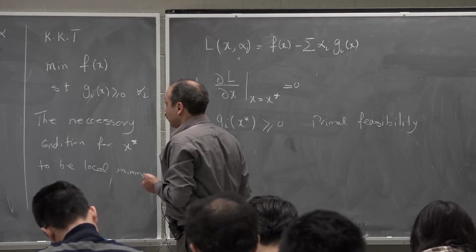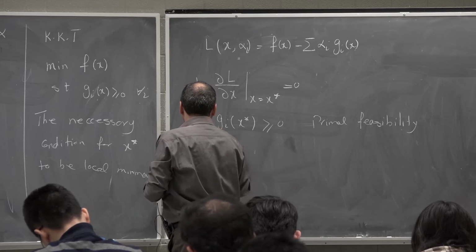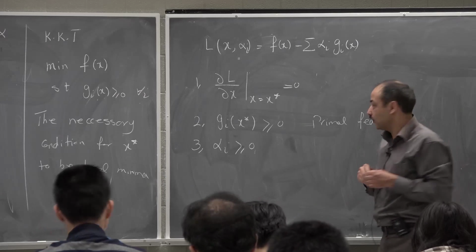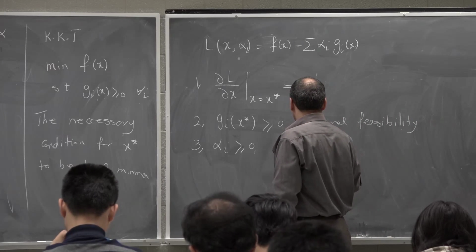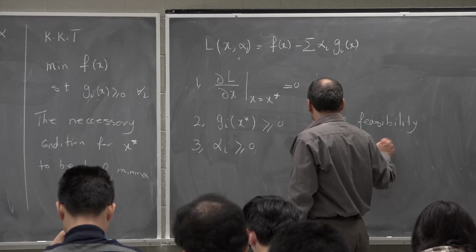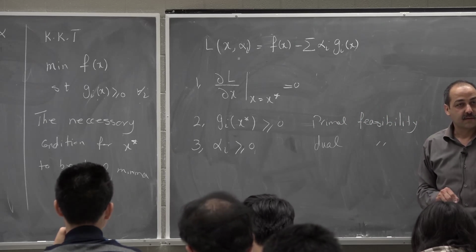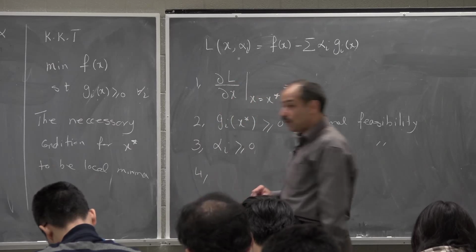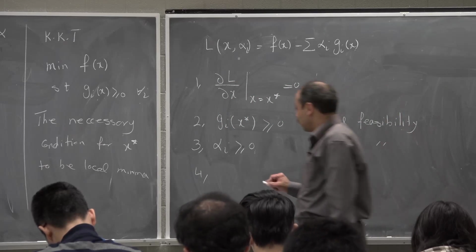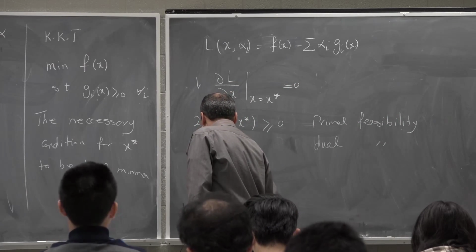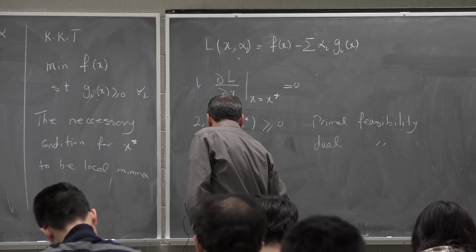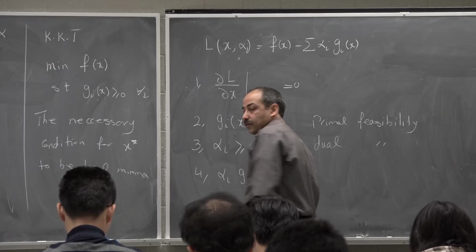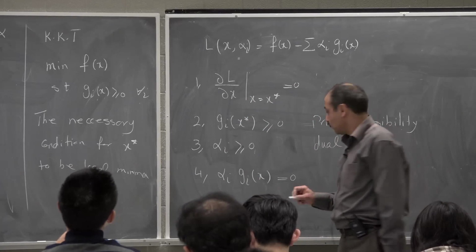Also, we have a dual variable, alpha_i. This should be greater than or equal to 0. The Lagrange multiplier also always should be greater than or equal to 0. This is called dual feasibility. But I'm interested in the 4th condition, that alpha_i g_i(x) should be equal to 0 for all i.